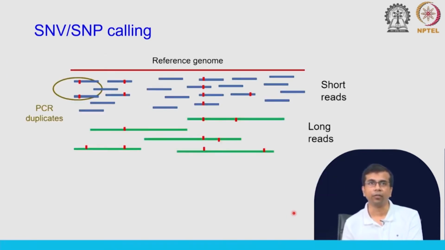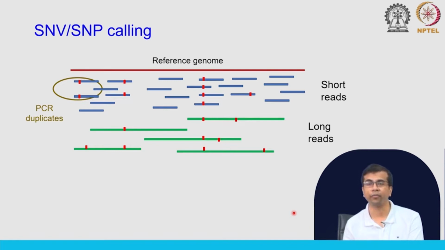Here is a short summary. We have the reference genome and short reads, long reads, mapped to the genome, and at certain positions you will see these red marks showing mismatches. We will not call them SNP or SNP yet. Some of these mismatches could be sequencing errors. Other mismatches could come from duplicates.